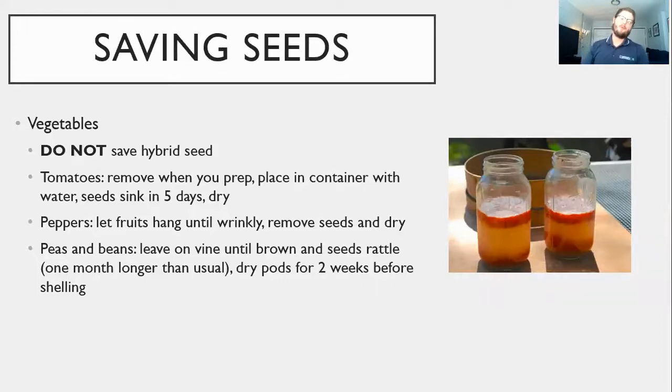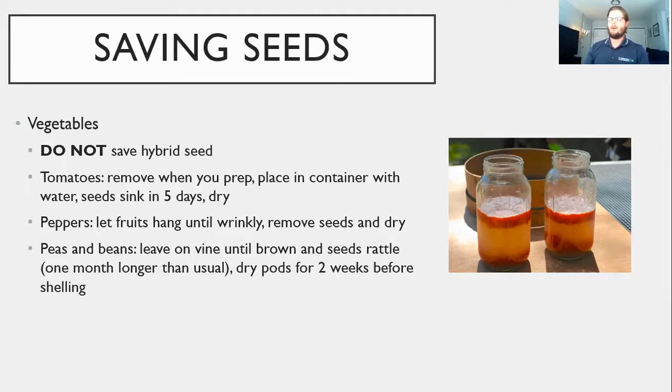I have gotten questions on seed saving in the past, which I think is a practice that often dovetails quite nicely with the practice of seed starting. Generally speaking, here are a few more rules of thumb. For vegetable seed starts, you do not want to save hybrid seed.